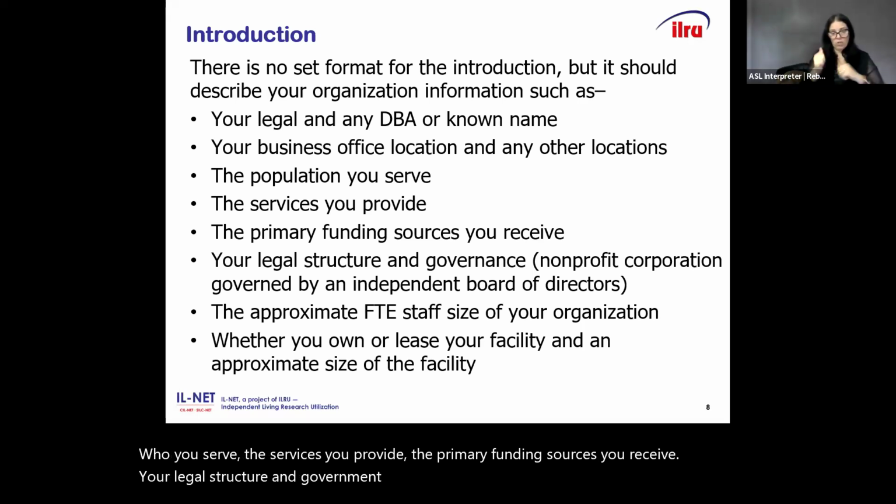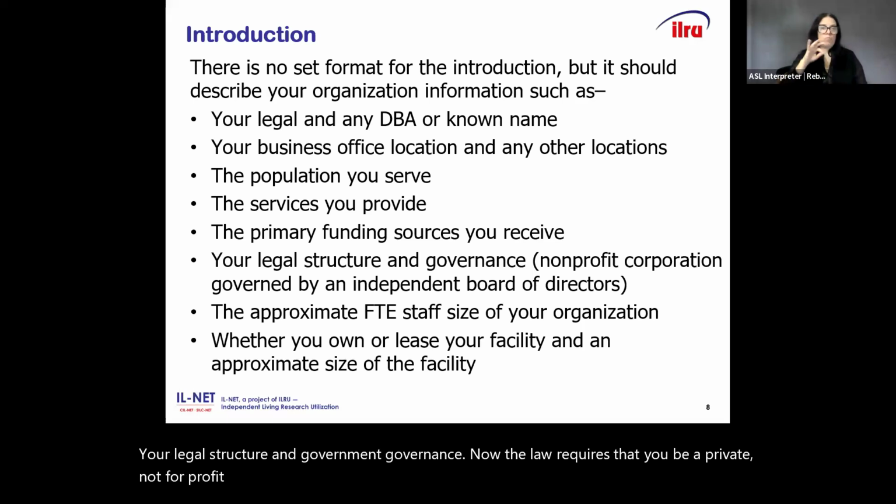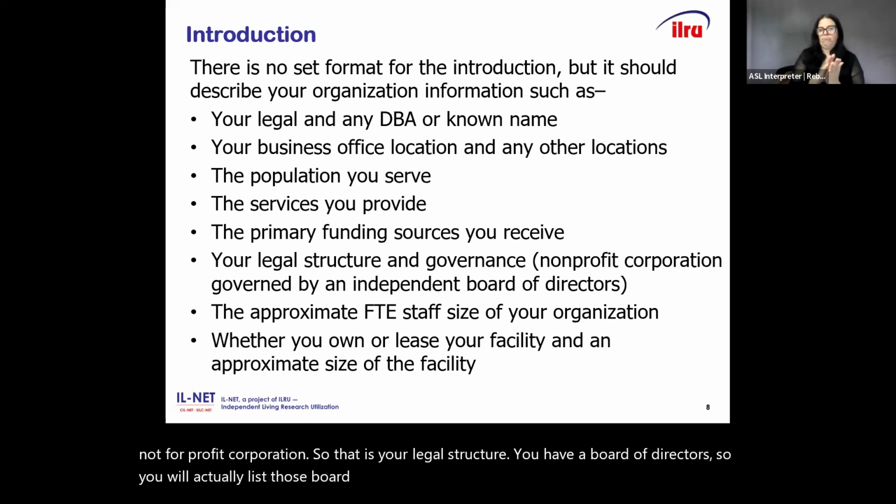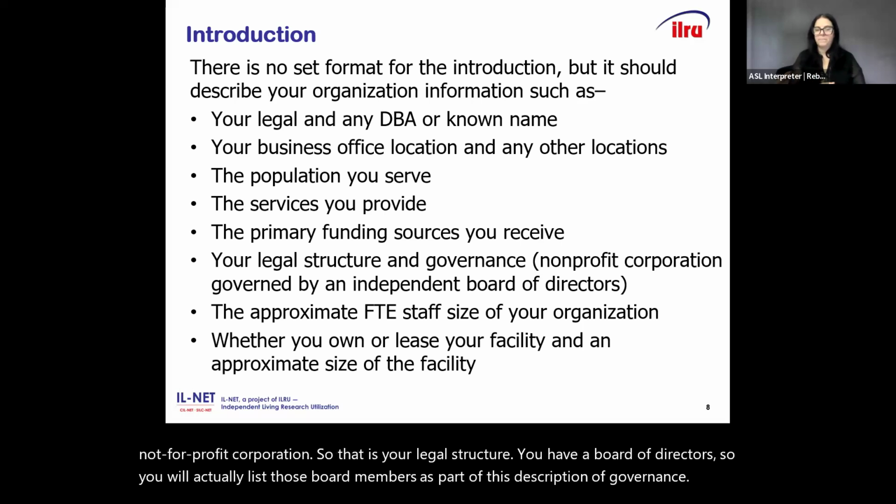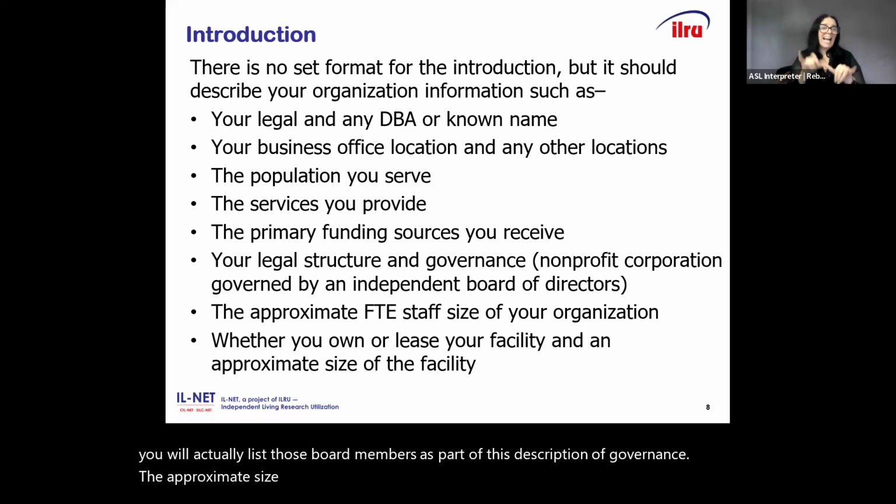Now, the law requires that you be a private, not-for-profit corporation, so that is your legal structure. You have a board of directors, so you will actually list those board members as part of this description of governance. The approximate size of your staff, that would be FTEs.